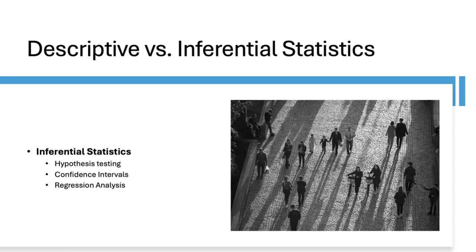As an example, suppose we surveyed 500 patients and found that 30% of them have high blood pressure. With inferential statistics, we estimate that around 30% of all patients in the hospital would likely have high blood pressure as well, with, of course, a margin of error. So inferential statistics allows us to go beyond the data and make predictions about the entire population. We infer, as the name implies.